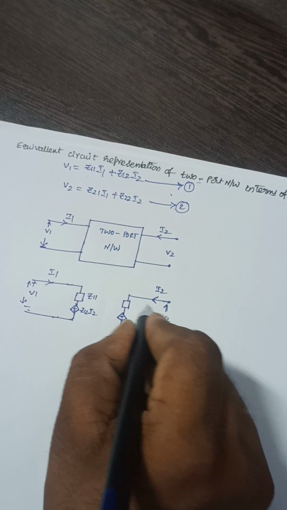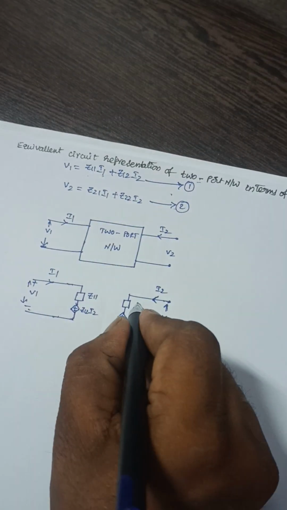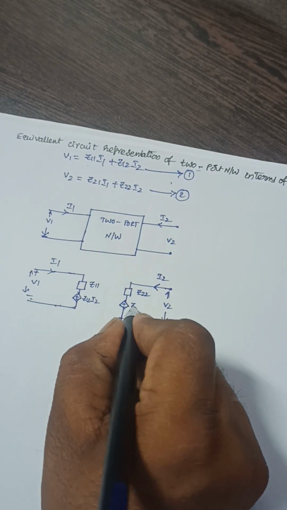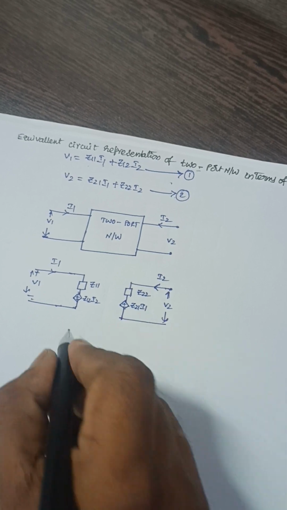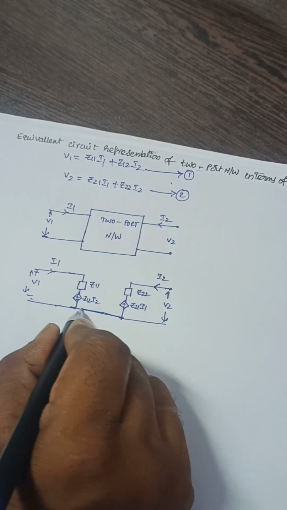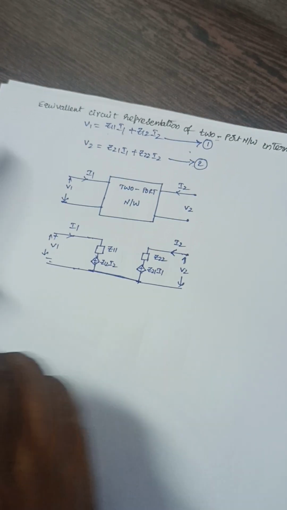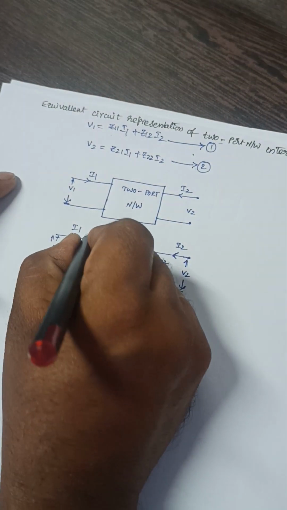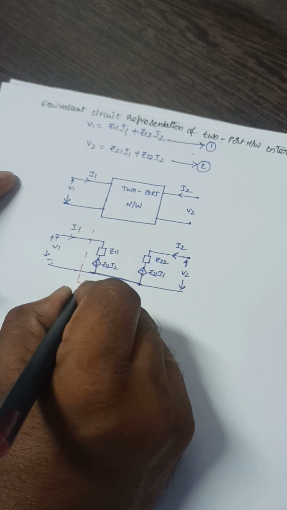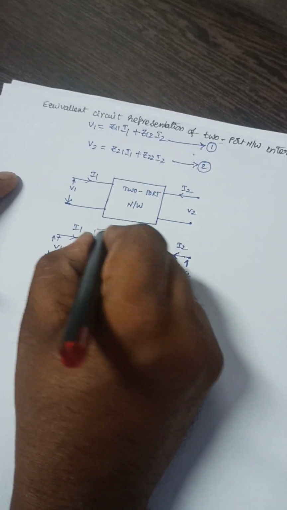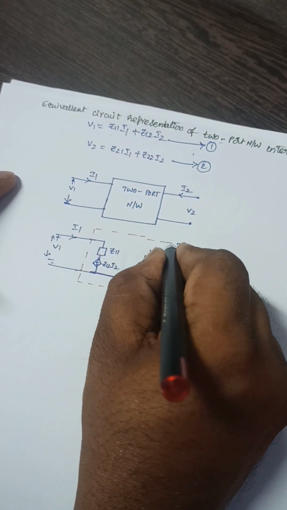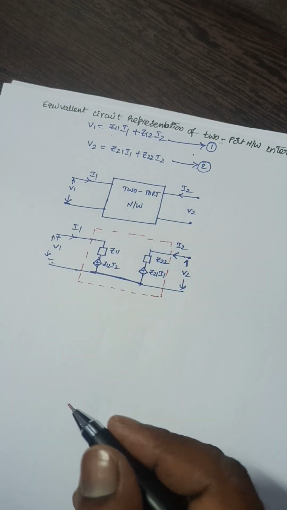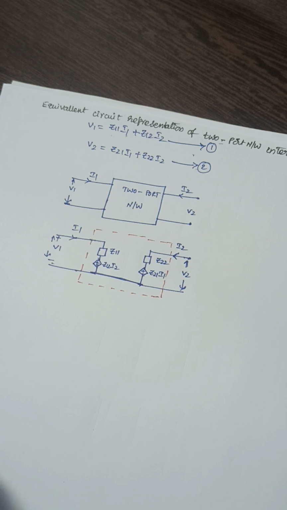Now it is Z22 into I2 plus Z21 into I1. If I combine these two networks, now this is the equivalent circuit representation of a two-port network in terms of Z parameters.